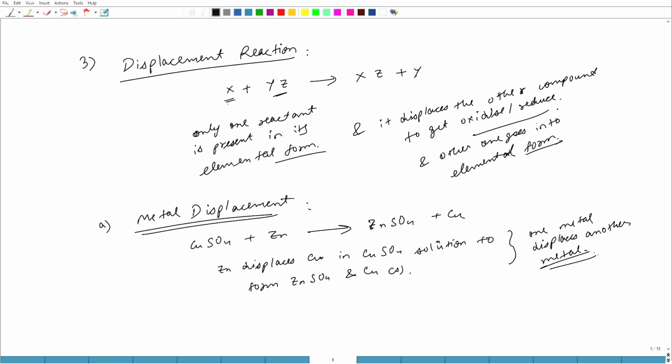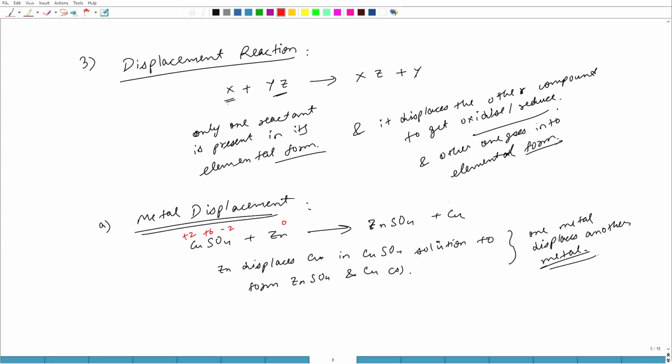So, we know this is a redox reaction, we can also calculate the oxidation numbers. For oxygen we know it is -2, for sulfur it is +6 and for copper it is +2. You can calculate this on your own. For zinc it is in elemental form, so it is 0 oxidation number.